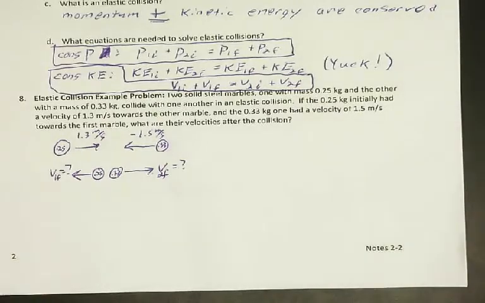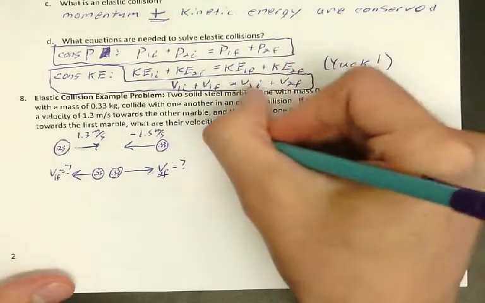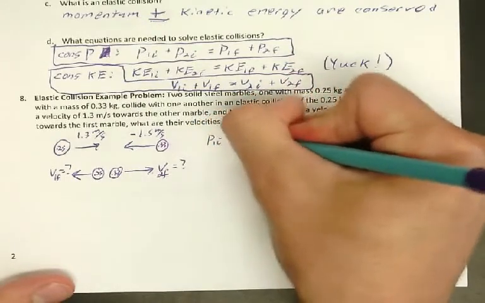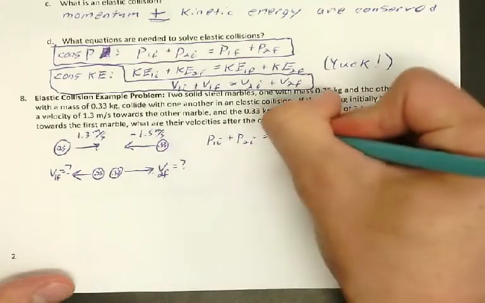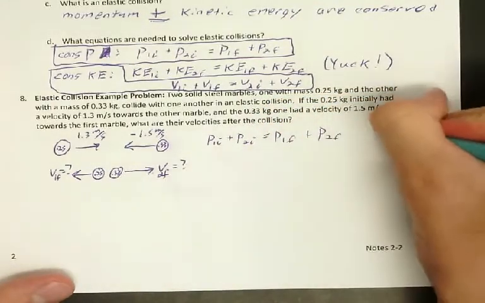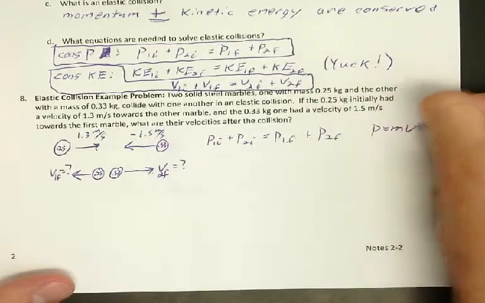Okay. So, first step is set up conservation of momentum. Again, just like we did before, but it's one dimension, not two. P1 initial plus P2 initial equals P1 final plus P2 final, and P equals mv.